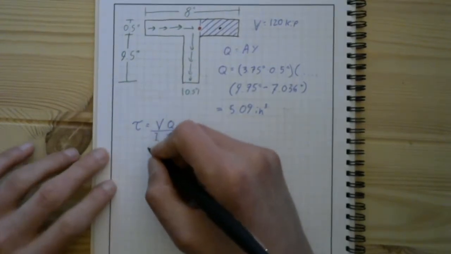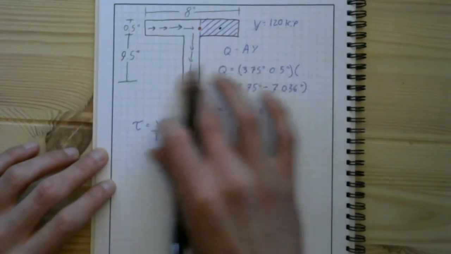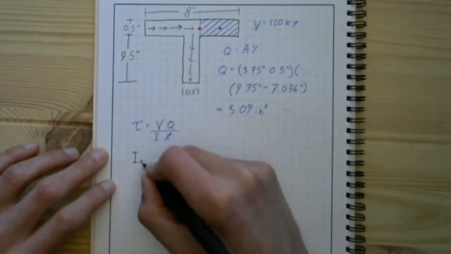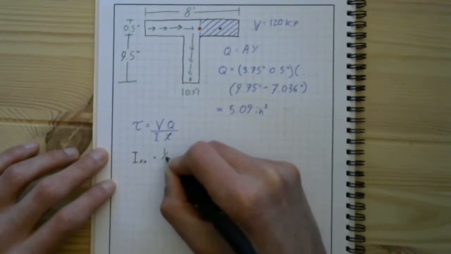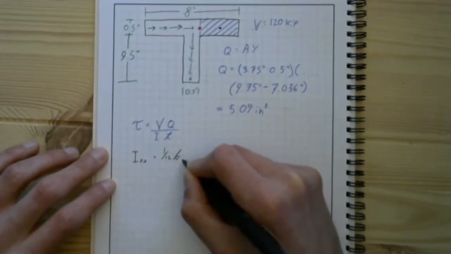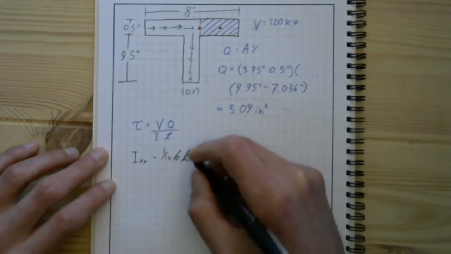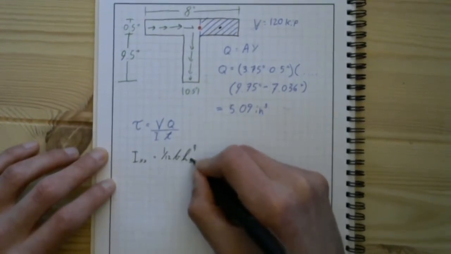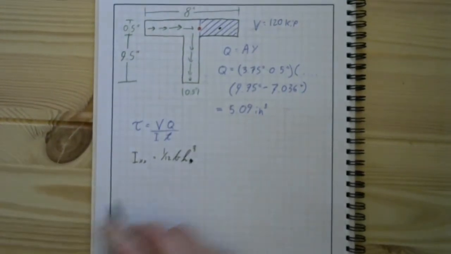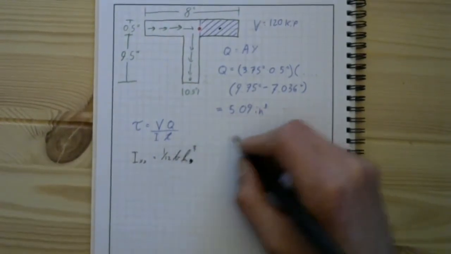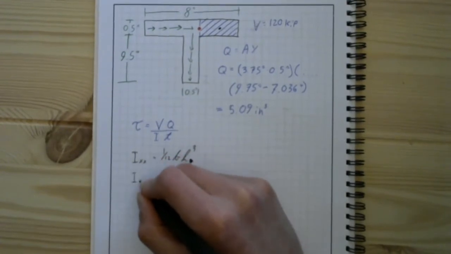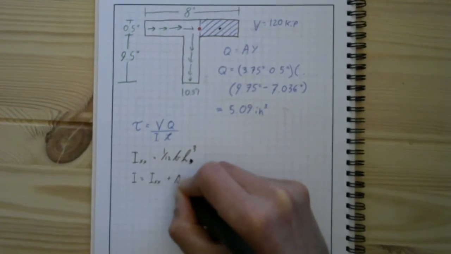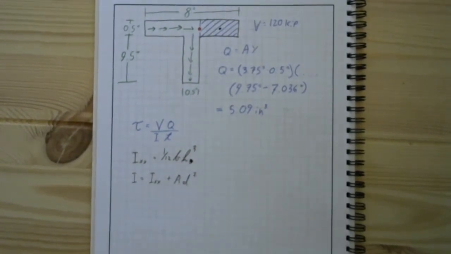So for this, remember that for rectangles, it's 1/12 base times height cubed, and we also have the parallel axis theorem, which adds A d squared.